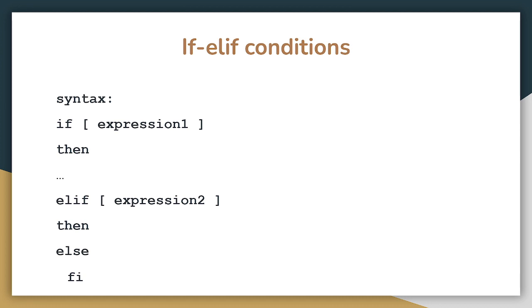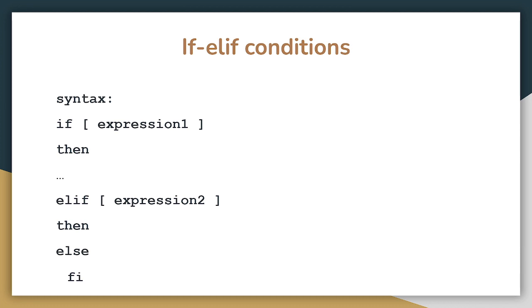So for that we have a syntax: if, space, square bracket, space, expression1, space, square bracket. After that you have to use then. After that you have to write your statement, and that statement must be echo. And then elif. After if you have to use elif, not else.